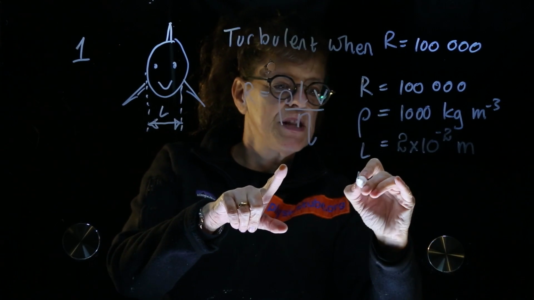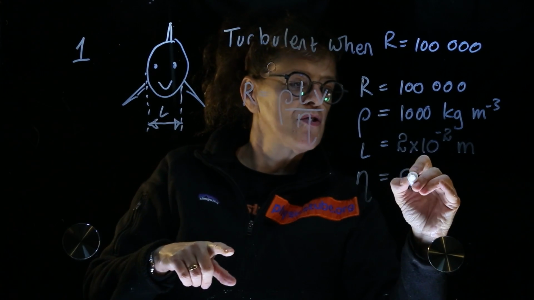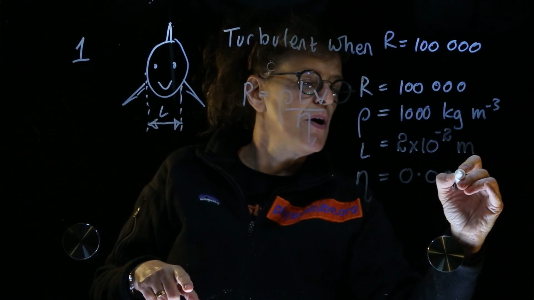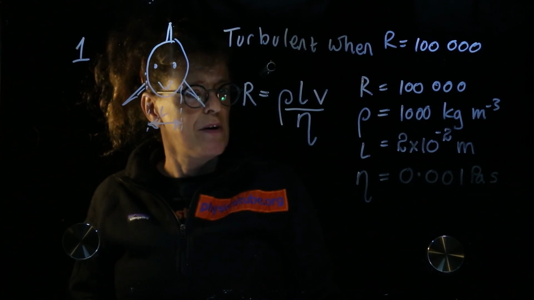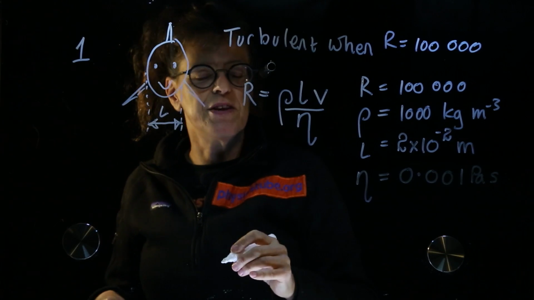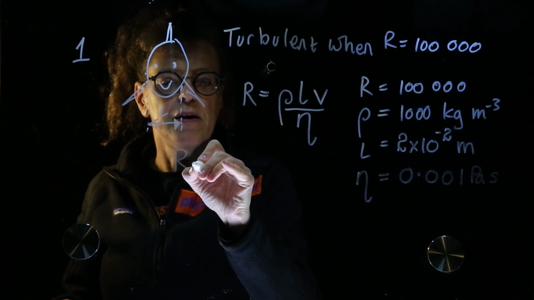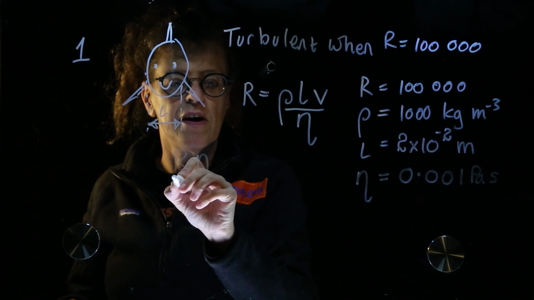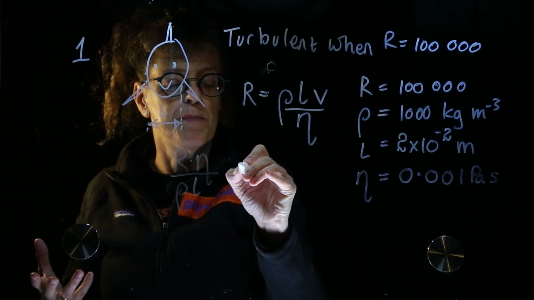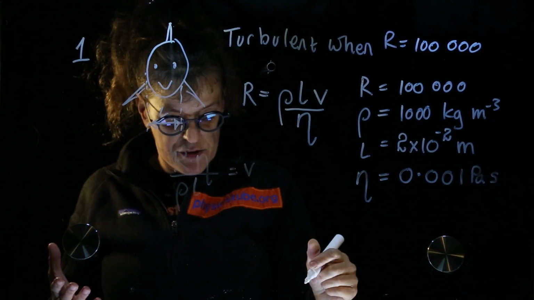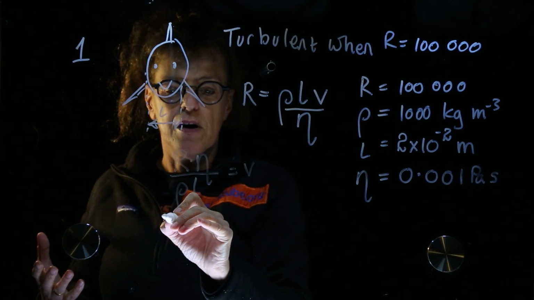And I'm finally left with eta, and eta for water is 0.001 Pascal seconds. So I bung all that in. Now I'll rearrange it first. So R times eta divided by rho L that we've made up is equal to V, and you bung in the numbers.